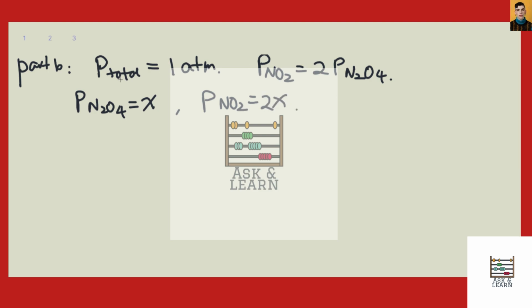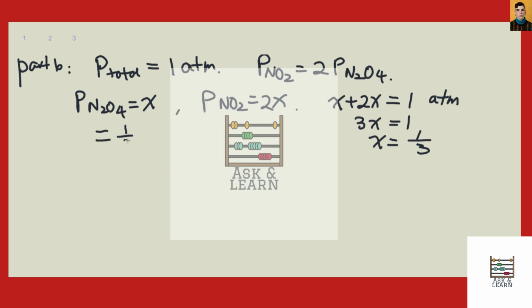We know the total pressure is just the sum of these two. So X plus 2X equals 1 atmosphere, and solving for this, X equals 1/3. So the pressure of N2O4 is 1/3 atmosphere, and the pressure of NO2 is 2/3 atmosphere.